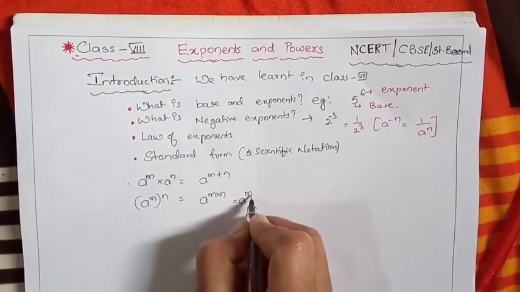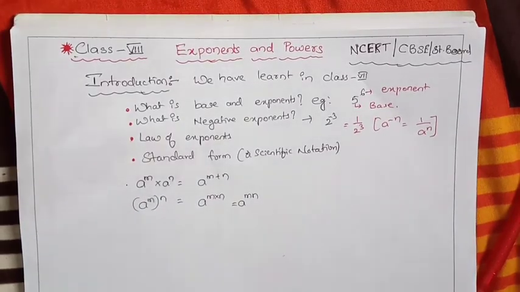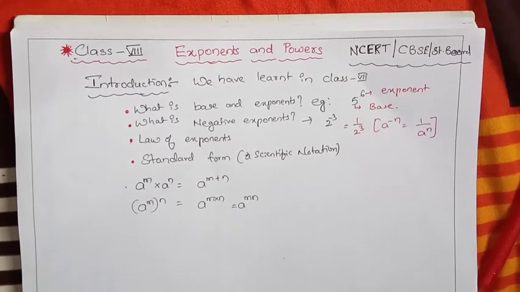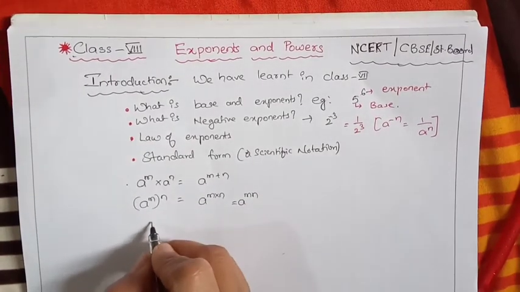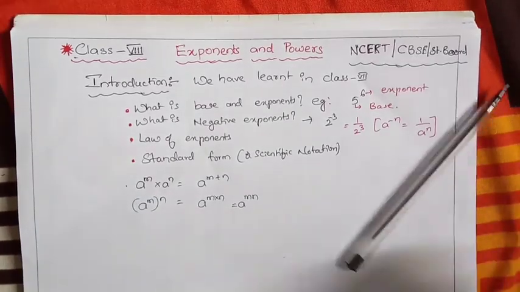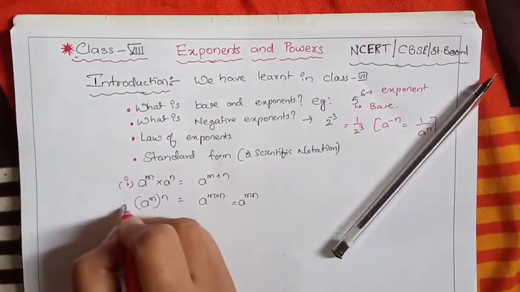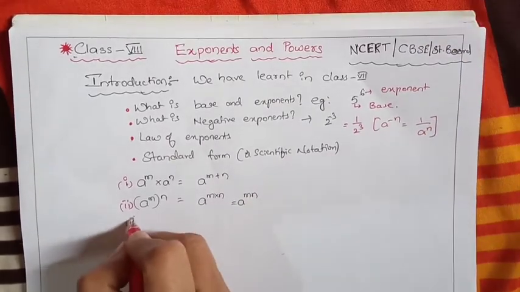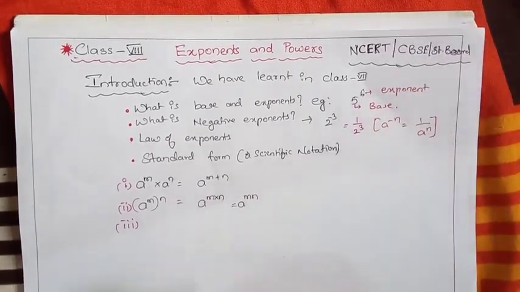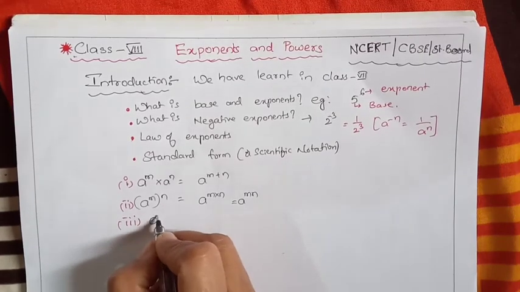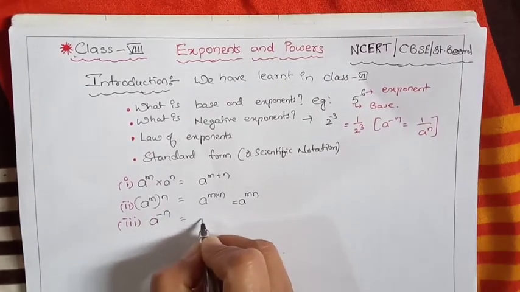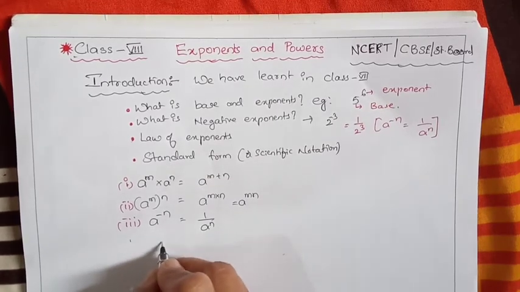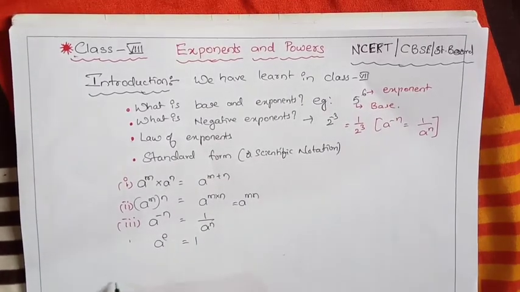That is the second one. Third one is a to the power minus n is equal to 1 by a to the power n. Fourth one, a to the power 0 is equal to 1.